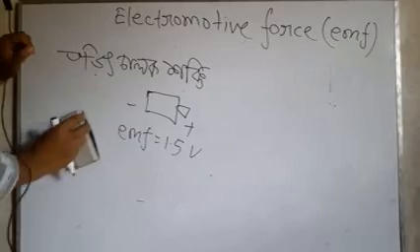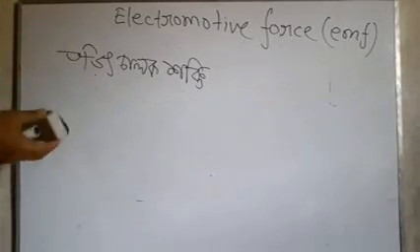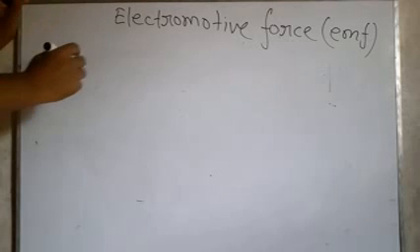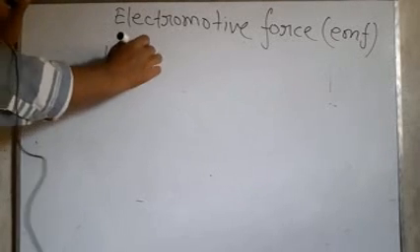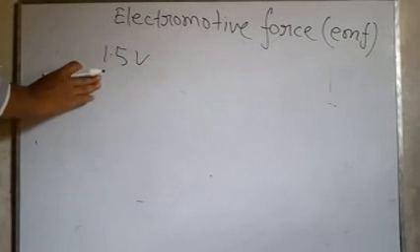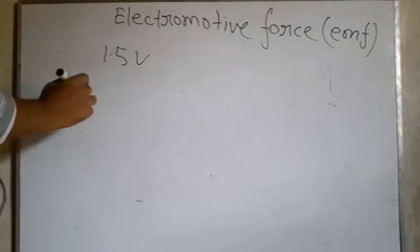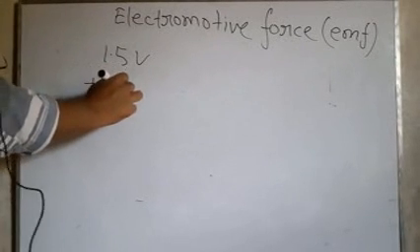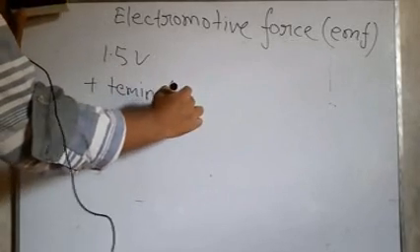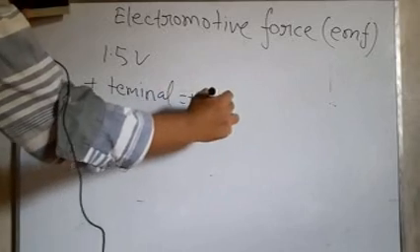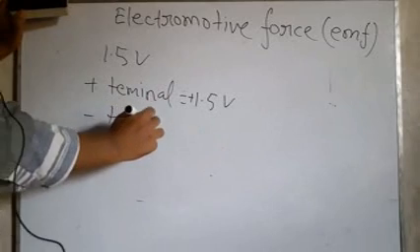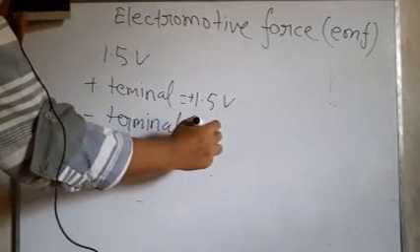Now, suppose the potential difference of the two terminals of a battery is 1.5 volt. That is, its positive terminal is equal to 1.5 volt and negative terminal is 0 volt.